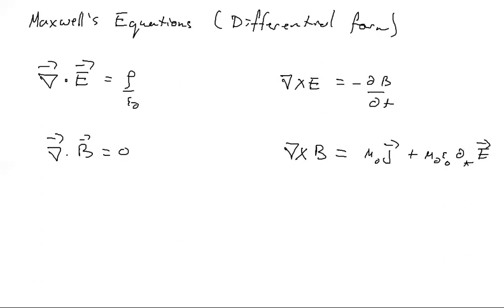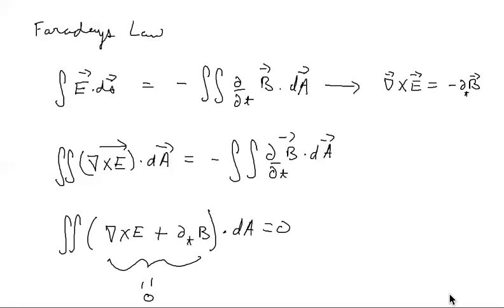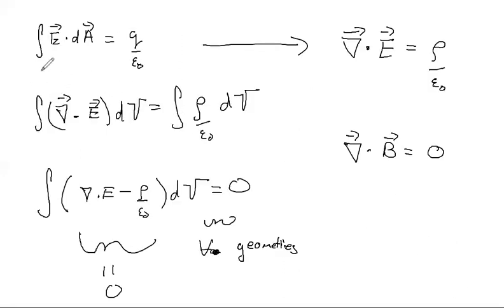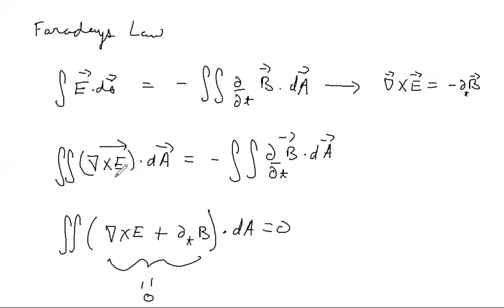Okay, so this is the differential version of Maxwell's equations, and just some comments. If you think about where these came from, Maxwell's equations started out as integral equations. So these were relationships between something happening over an entire area equating to some charge, or something happening over an arc length equating something over an area.